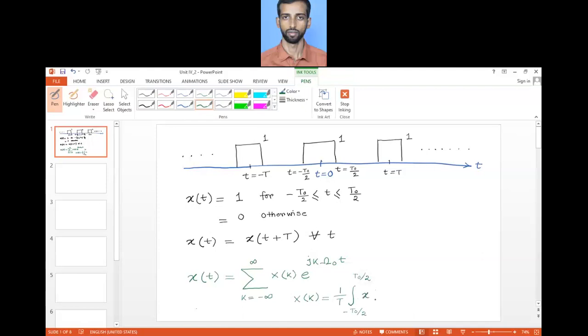Then x of t e to the power minus j k omega naught t dt. What is omega naught here? This omega naught is equal to 2 pi by capital T. So that is the generic expression. Now we are in a position to calculate the value of this x of k for different values of k.